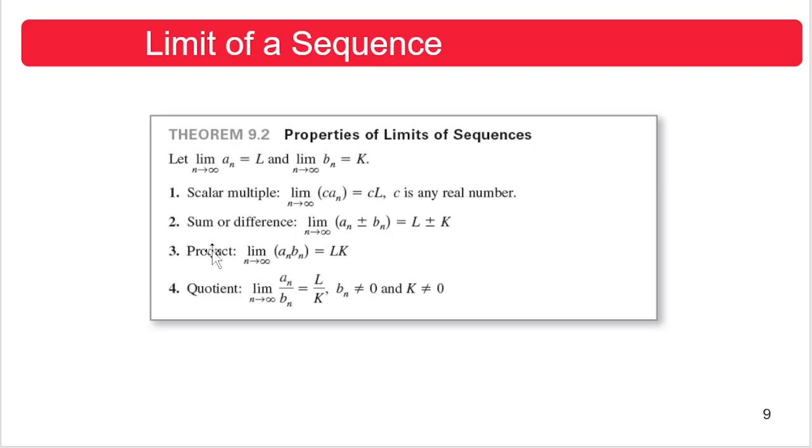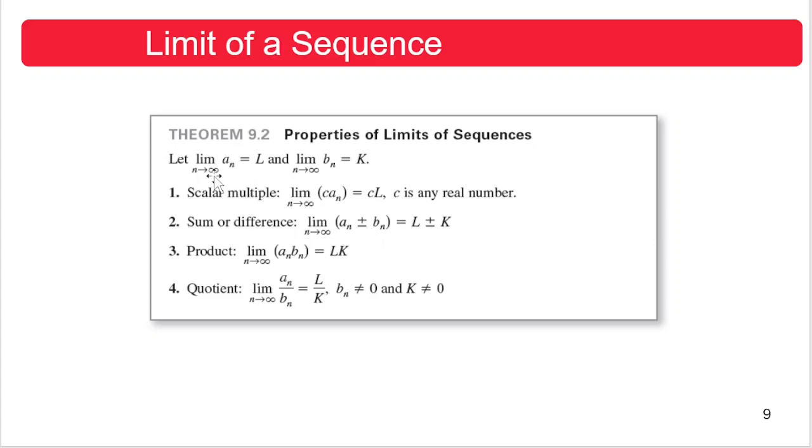Okay, the next property is called the sum or difference. In this property, we take the limit of the sum or difference of the n-th terms of two sequences, a sub n and b sub n, as n approaches infinity. Again, we can distribute the limit symbol to each of these terms. So you get the limit of a sub n as n approaches infinity, plus or minus the limit of b sub n as n approaches infinity.